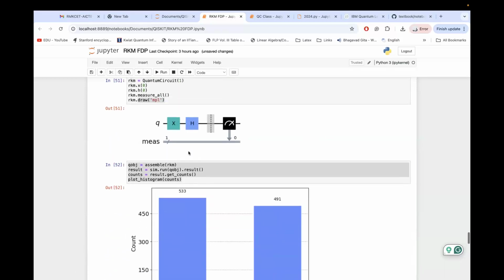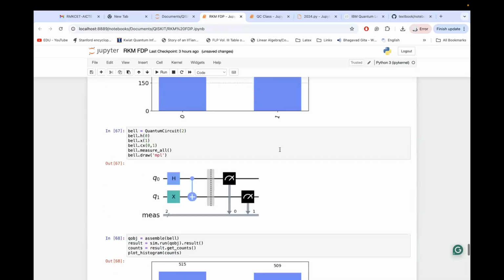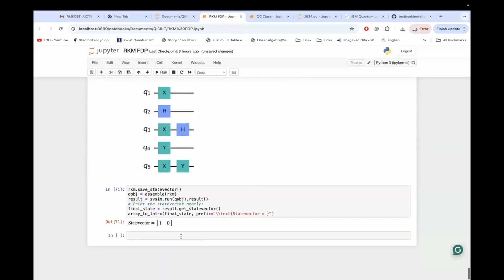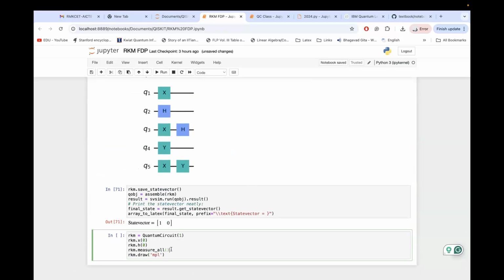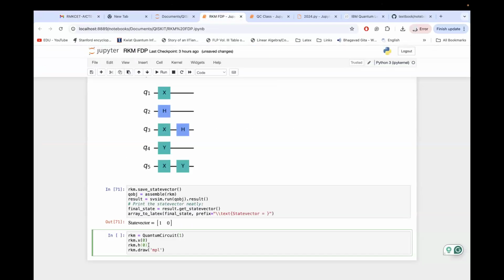For example, here for the same RKM circuit, that is with only one qubit, I'm just applying X operator and the Hadamard operator.